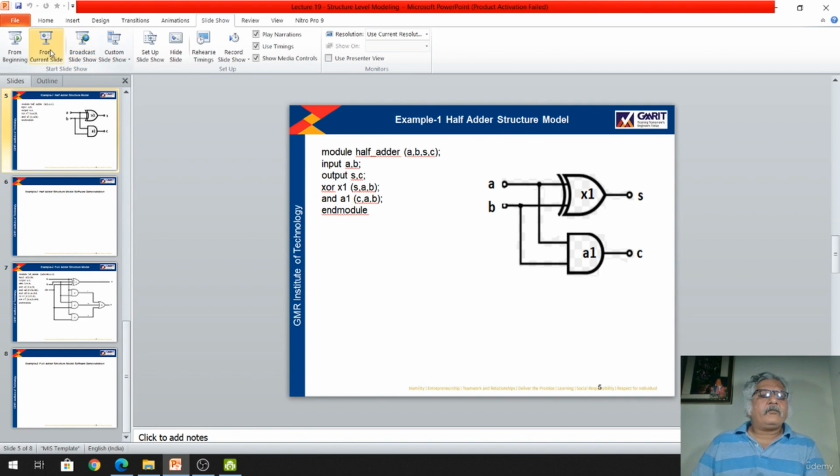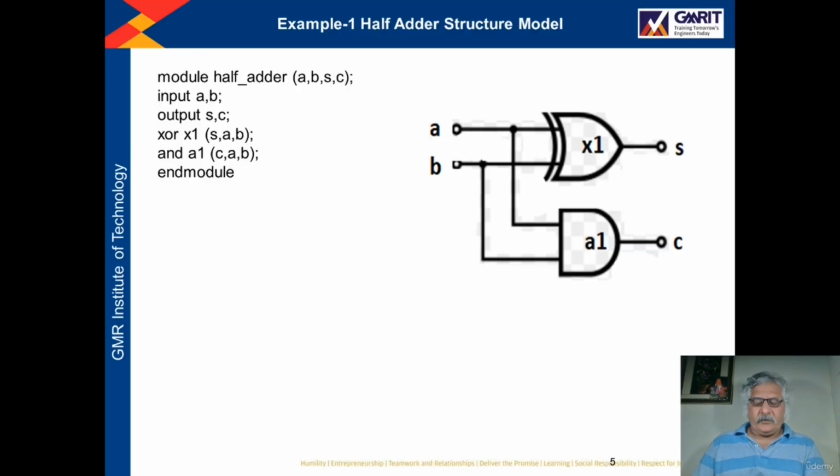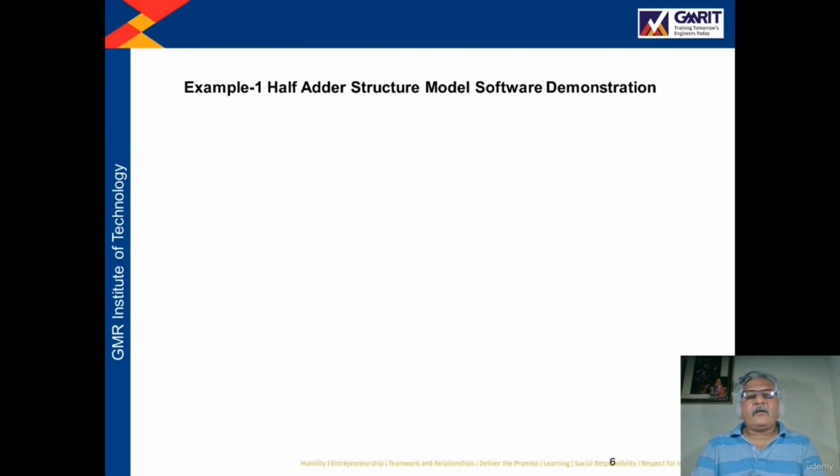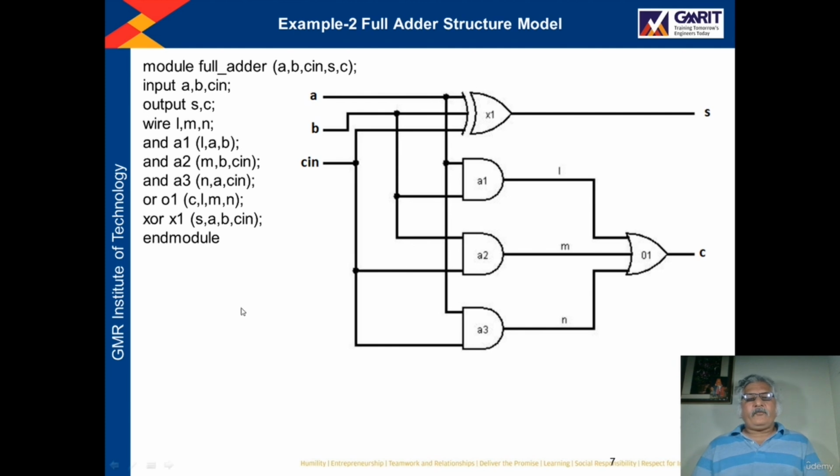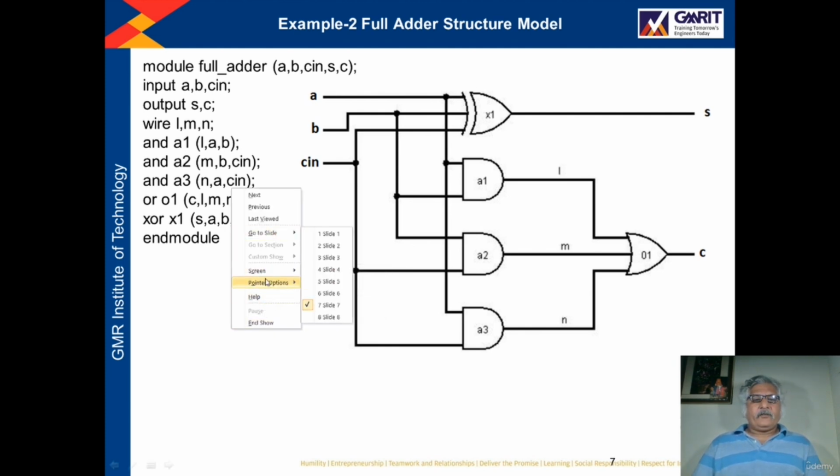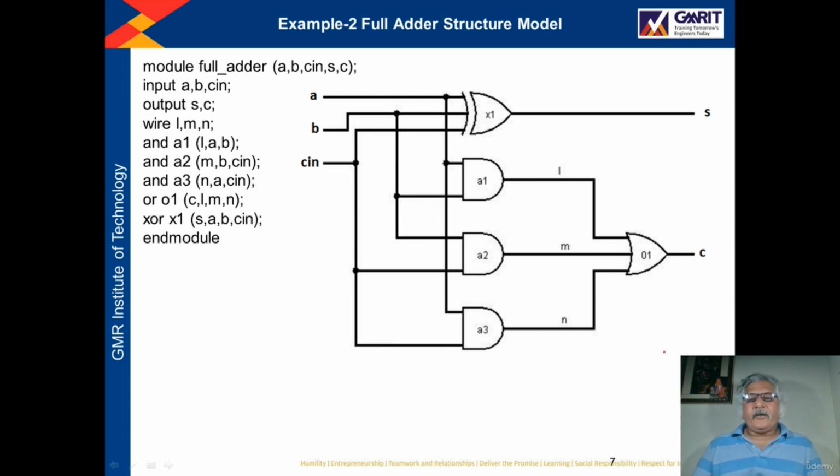So now we will see another example, the structural model of a full adder, right? In this case, this is the full adder. It is having output ports S and C, sum and carry.